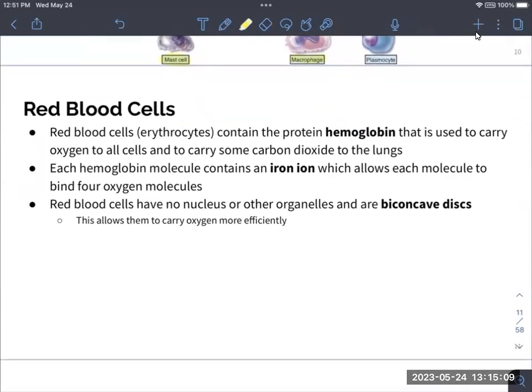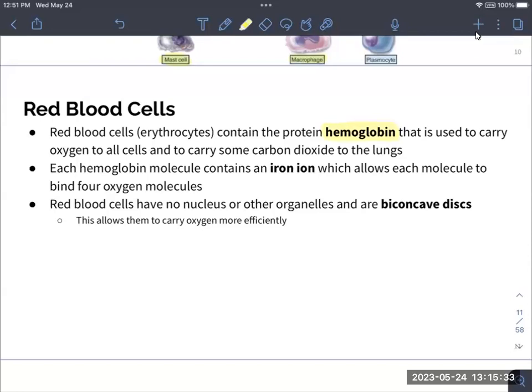Our red blood cells or erythrocytes, the most important part of these red blood cells is the hemoglobin. The hemoglobin is what oxygen is going to attach to inside of these red blood cells.